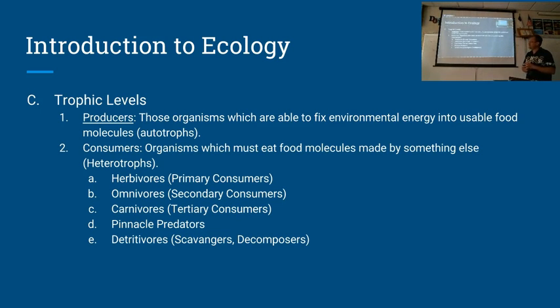So if you eat only autotrophs, you eat producers, and you eat only producers, then we call you a primary consumer. You're the first thing to eat something else. The other word for this is an herbivore. So cows and sheep, herbivores. They eat producers. They eat grasses.